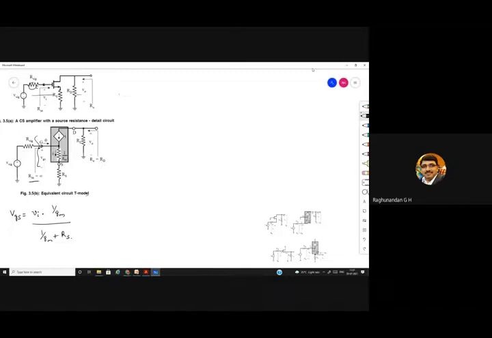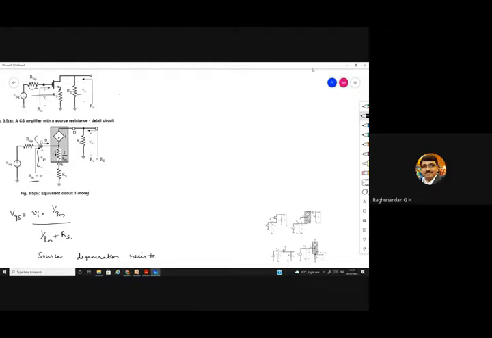After this, here Rs, whatever the source resistance we are having, will be called the source degeneration resistance.